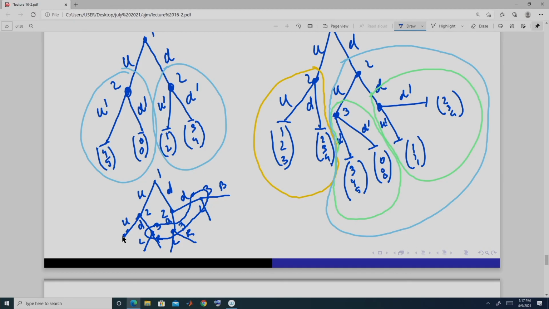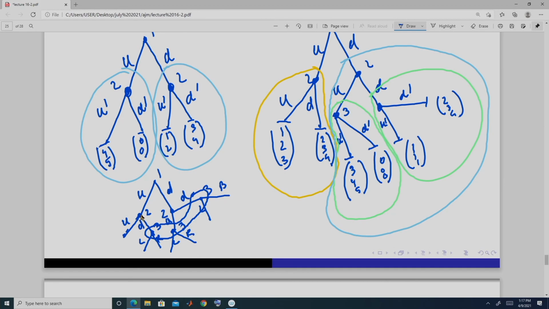But if we start the game from here, then this node also belongs to this information set, but this node is not in the path of the gameplay. This node is from this path, right? So that's why there is no subgame in this game.